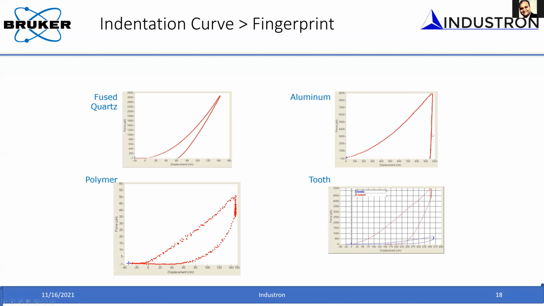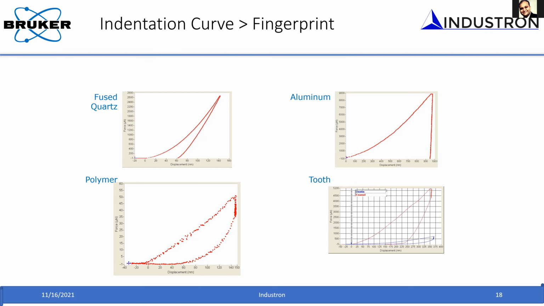If you do it on aluminum, it's highly elastoplastic. You can see the hysteresis is very high. It has a different signature, whereas when you do it on a polymer, it has yet another signature. So this load displacement curve can be used as a fingerprint for the mechanical response of the material, and then you can directly measure properties like hardness and modulus from it.